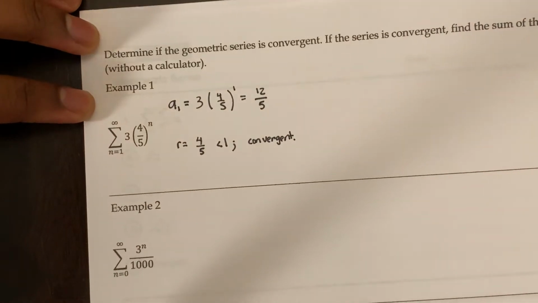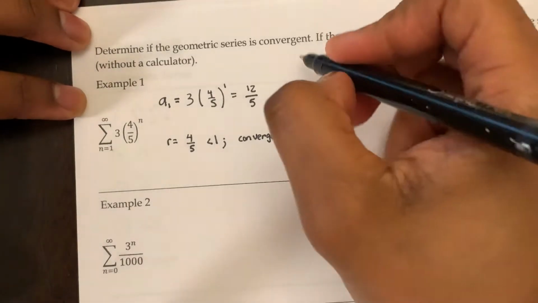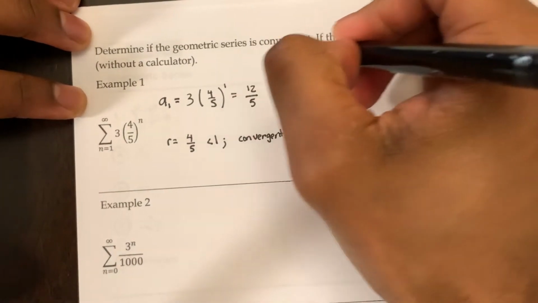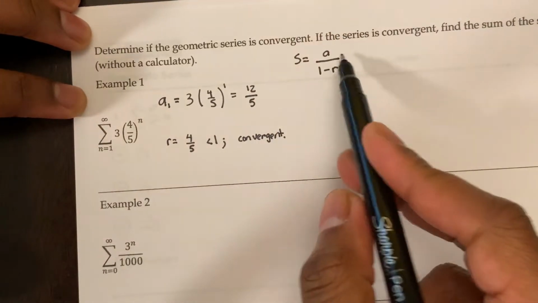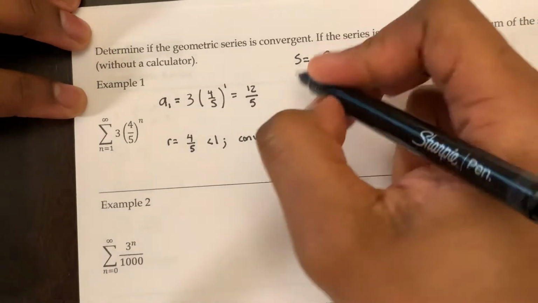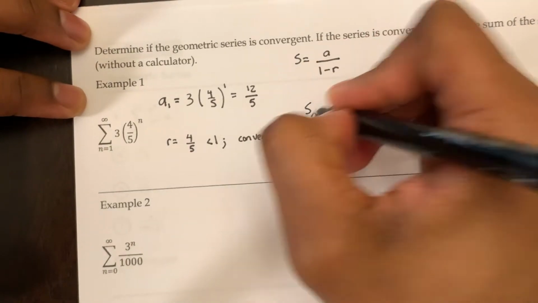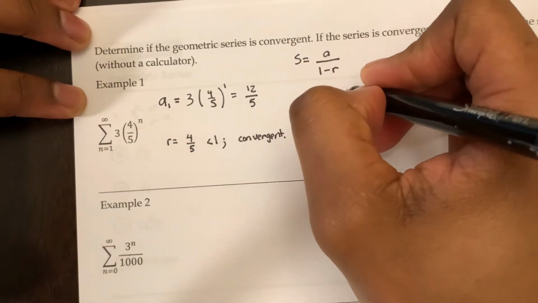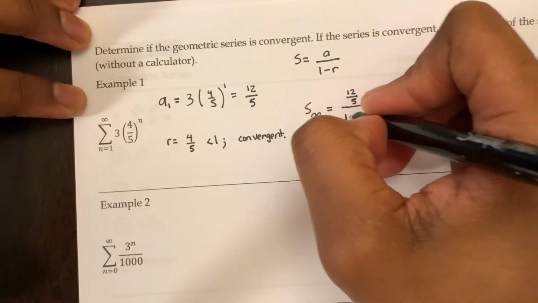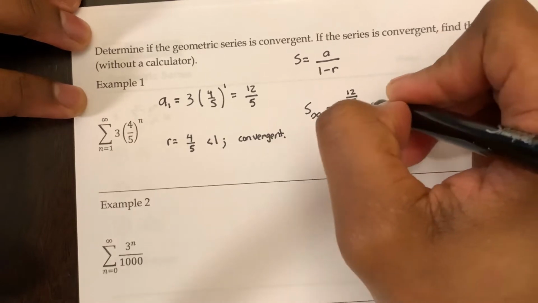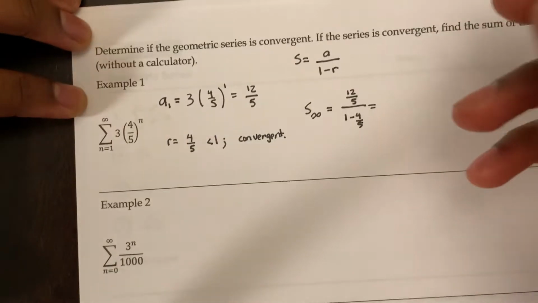So since the series is convergent, we can use this formula S equals A over 1 minus R. Now, A is just the first term of the series. So in this case, our sum out to infinity is going to be 12/5 over 1 minus 4/5.